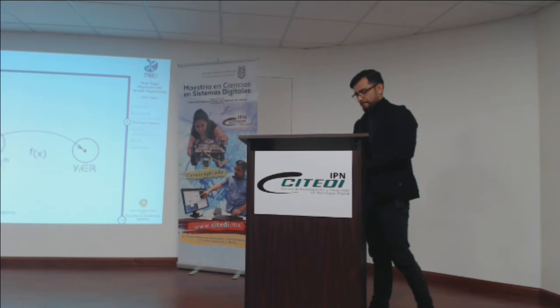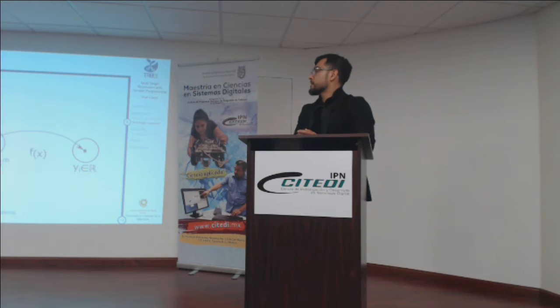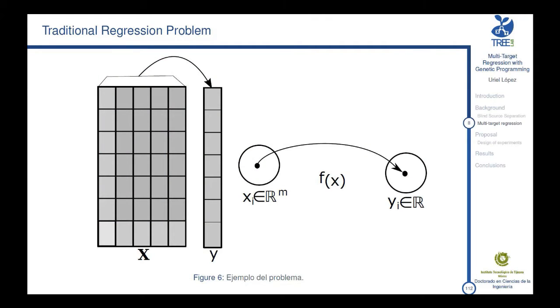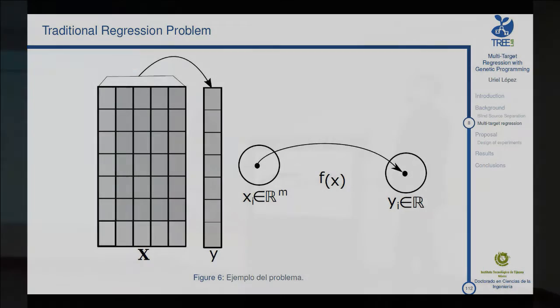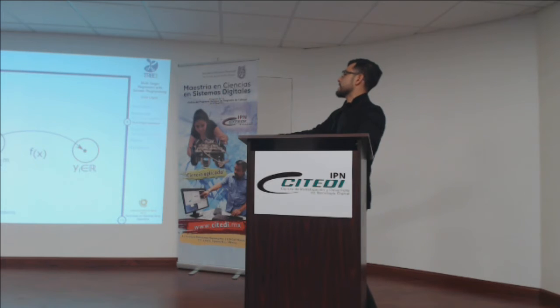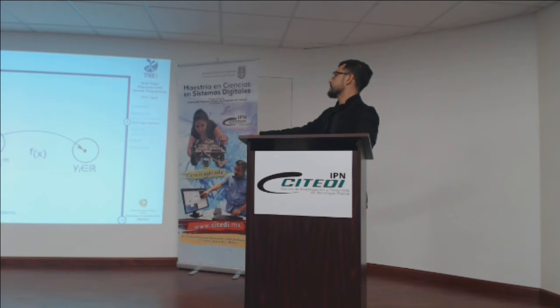Okay, moving on from this, we found the multi-task regression problem. But to talk about this, let's talk again about the simple or traditional way to do a regression problem. In a traditional regression problem, we have a matrix of inputs and one vector of outputs. And in a regression task, we have to find a function which maps our x to our y's.